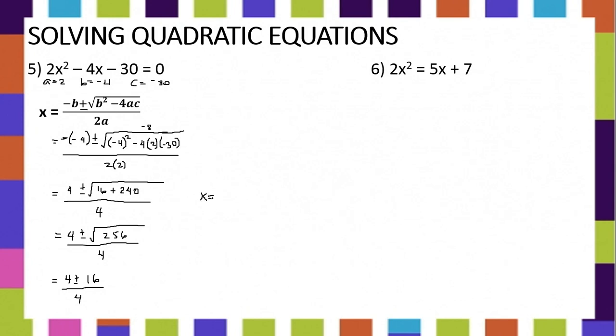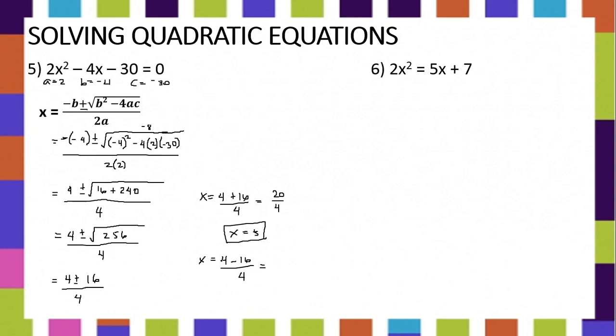X is equal to positive 4 plus 16 over 4. Yung isa naman, x is equal to 4 minus 16 over 4. Okay, solve. 4 plus 16 is 20. 20 divided by 4 is equal to 5. So, x is equal to 5.